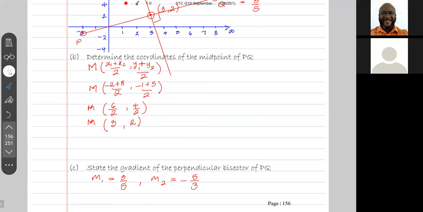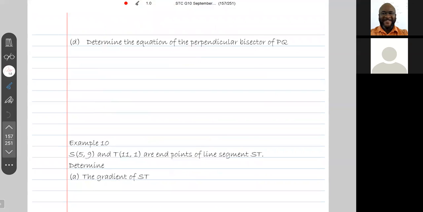Then we're asked to determine the equation of the perpendicular bisector of PQ. Guys, y is equal to m into x minus x naught plus y naught is the formula.